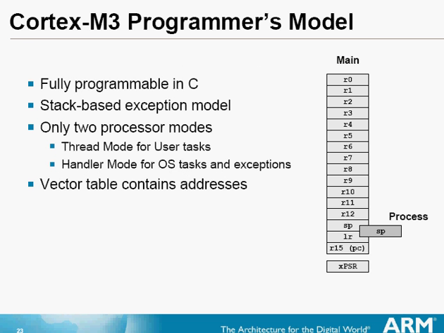Cortex M3 programmer's model. The great thing about our programmer's model is that it's fully programmable in C. So programmers have no need to know how ARM assembly would look, and they don't need to write a program in ARM assembly code.